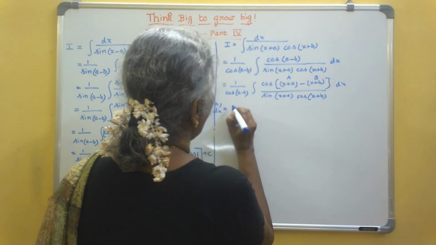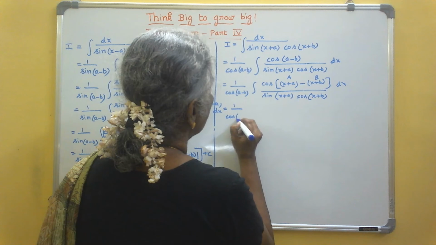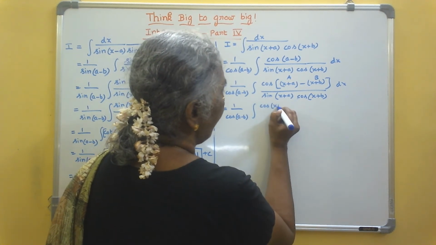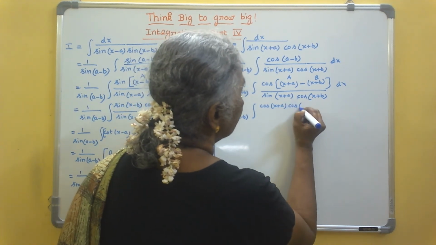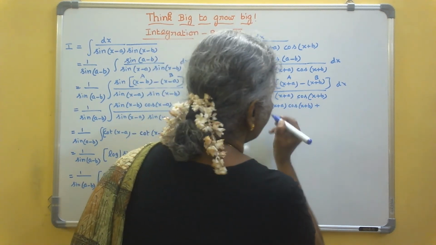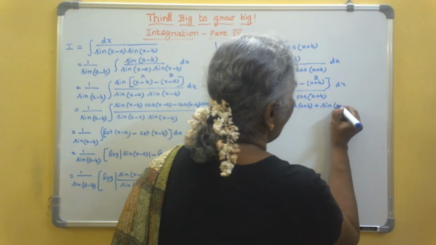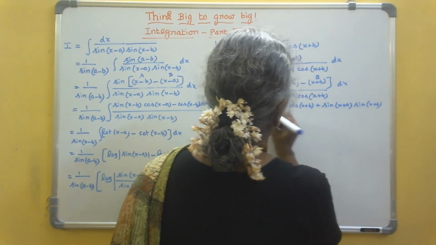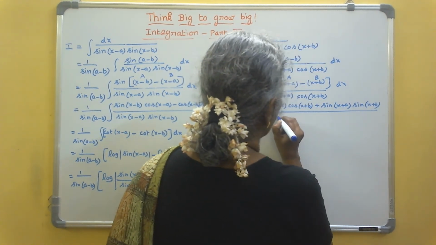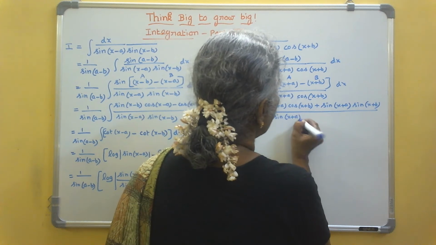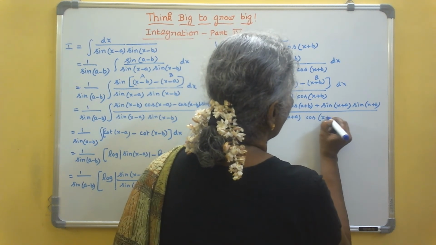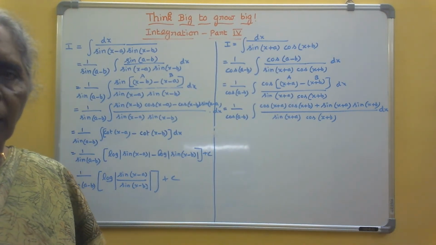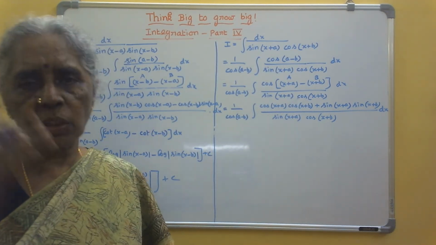So now you will get 1 by cos of a minus b integral cos A cos B plus sin A sin B. Write the denominator as it is, sine of x plus a cos of x plus b, then dx. Now we are going to split as we did there.